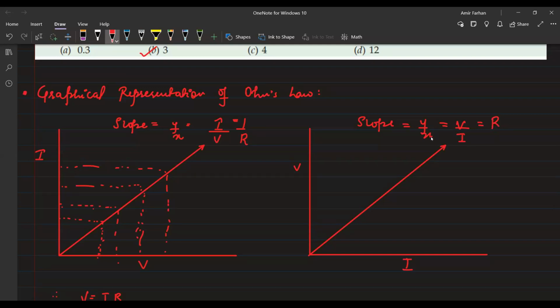Now, in some questions you have graphs where the current is on the y-axis and the voltage is on the x-axis.